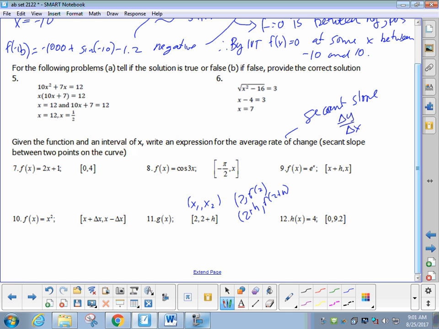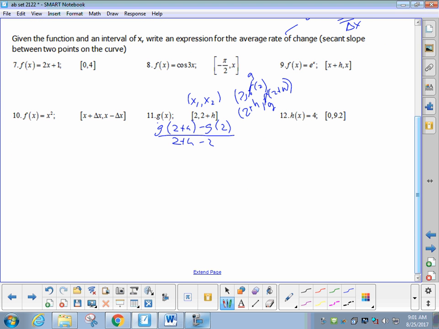And furthermore, I would lose points on an AP test because the problem is I'm using f. I just used f. And in this problem, there is g. You gotta go with the guy that brought you to the dance, okay? And so g is the one that brought you to the dance. Don't go out with f. So here, g of 2 plus h minus g of 2 over 2 plus h minus 2.